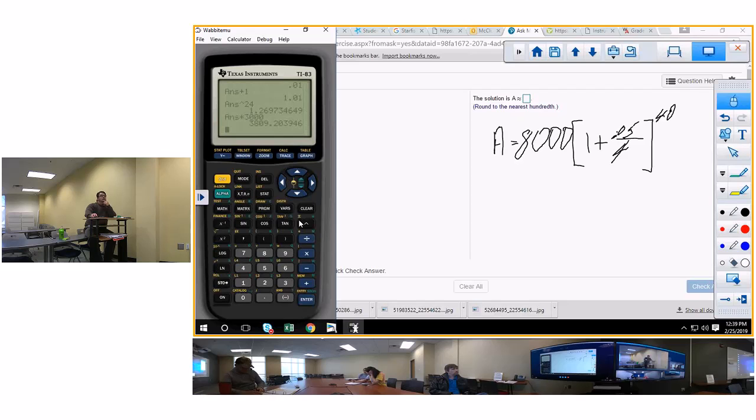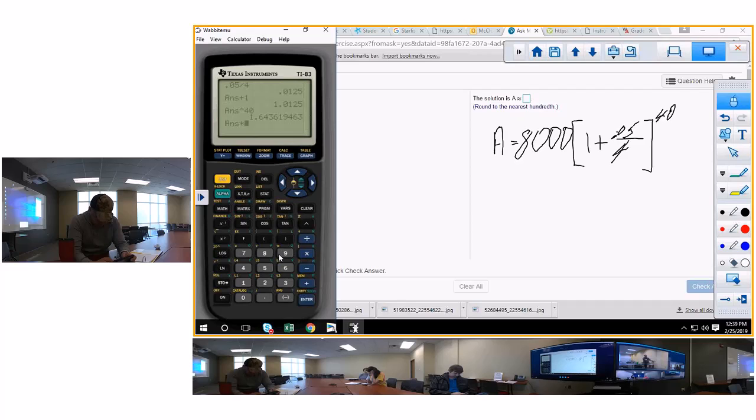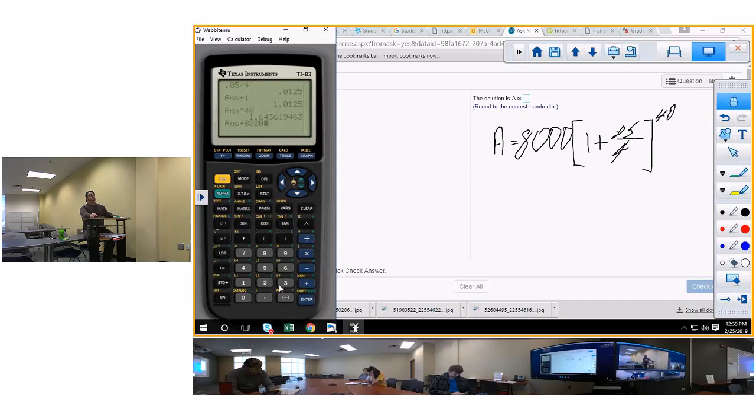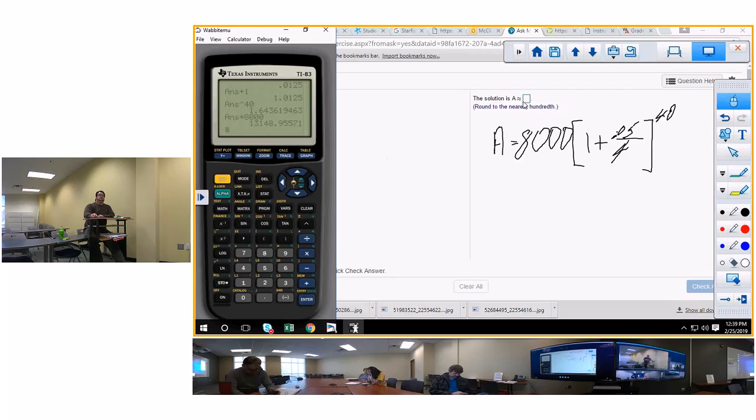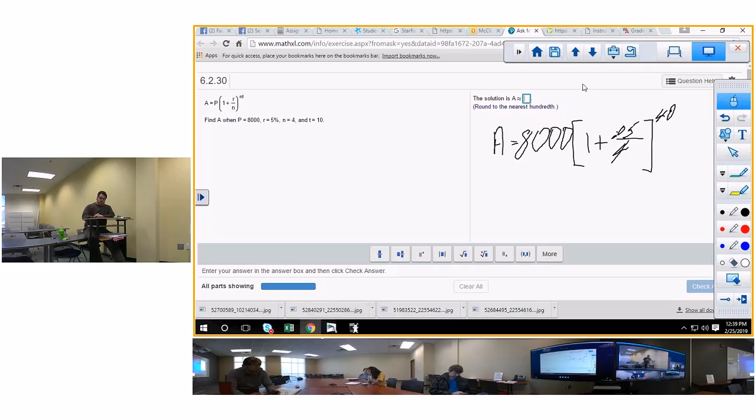So hit clear, and now I do 0.05 divided by 4 plus 1 raised to the 40th power times 8,000. I got 13,148.96.